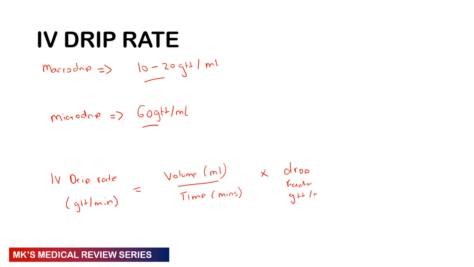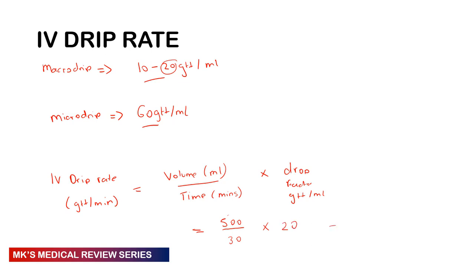Okay, I'll give you a practical example. Suppose we want to push in about 500 mils of normal saline in 30 minutes with an infusion set that is giving us 20 drops per mil. So we have 500 mils, and we divide it by 30 minutes multiplied by our drop factor, which is 20.